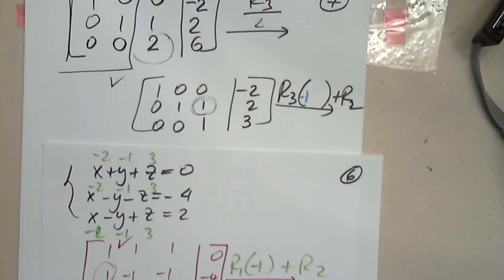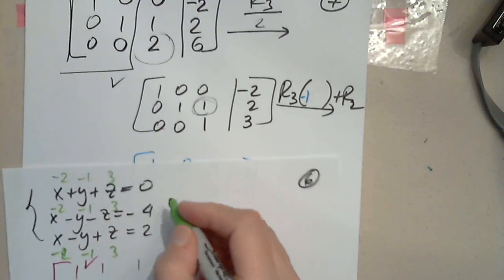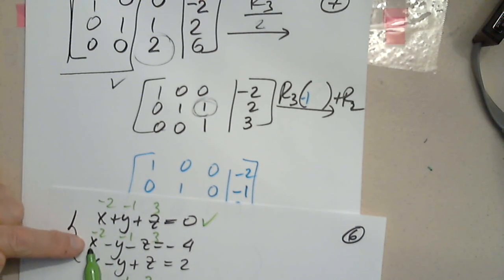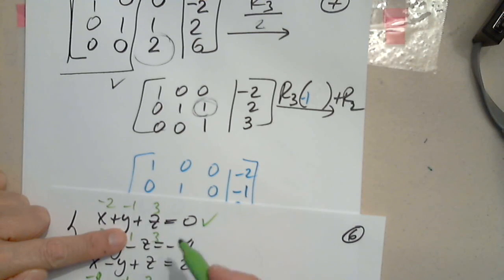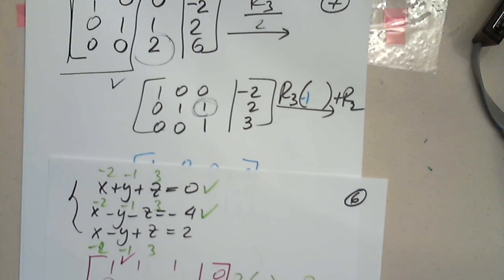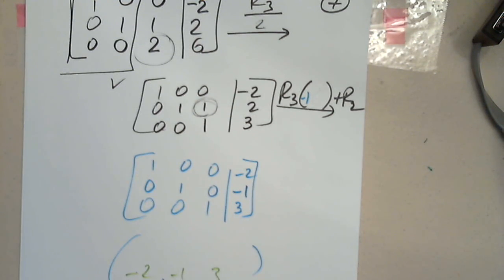Okay, so let's check. -2 minus 1 is -3 plus 3. -2 but plus 1 is -1. -1 minus 3, it is -4. -2 but plus 1 is -1 plus 3 is 2. A sigh of relief? Yes, I checked.